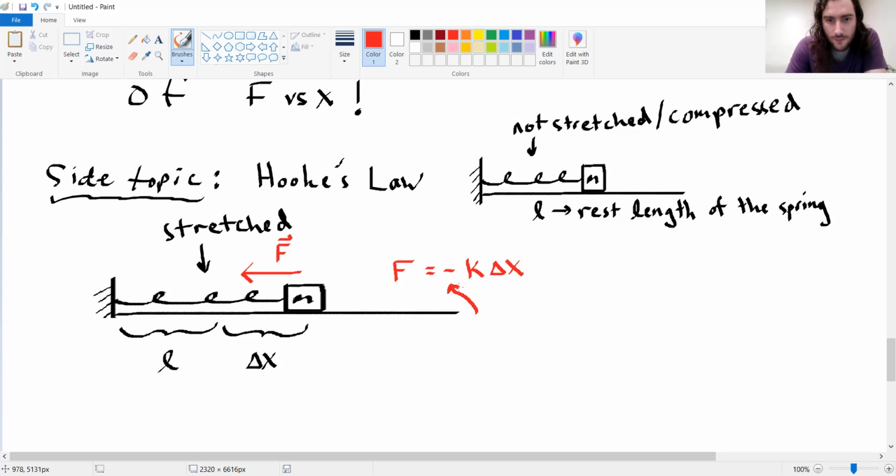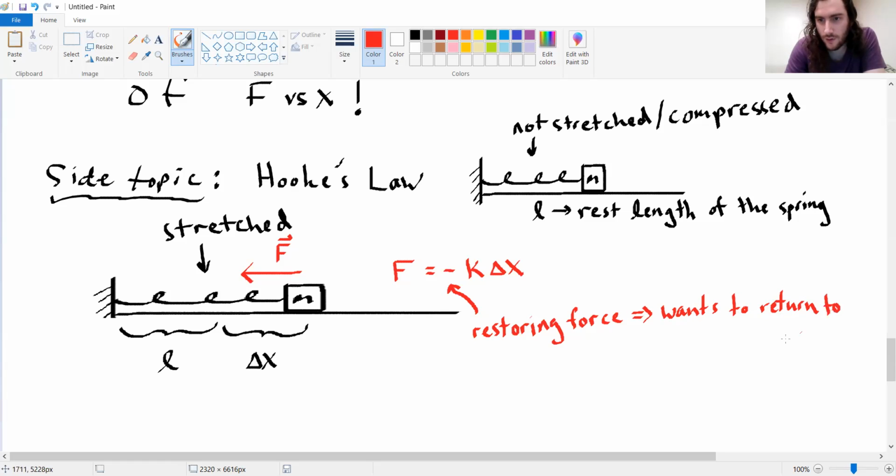The minus sign here means the force is a restoring force. That just means the force wants to bring it back to its natural state. So it wants to return to its rest length.